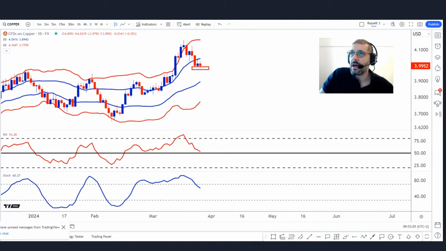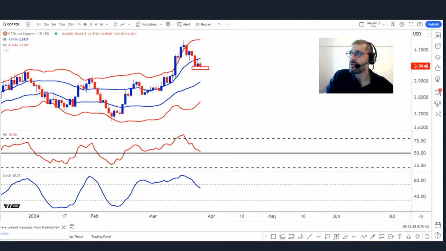Where is WTI relative to its 30-week moving average? It's above its 30-week moving average. Which direction is the 30-week moving average? It's starting to move in that northeasterly direction. Where is the RSI? It's above 50. So on a weekly basis, we do seem to have support for energy.